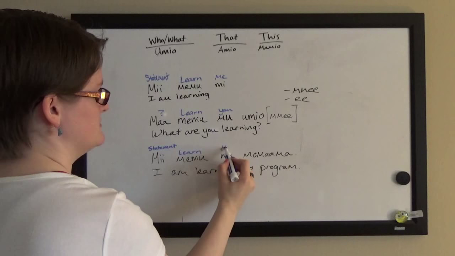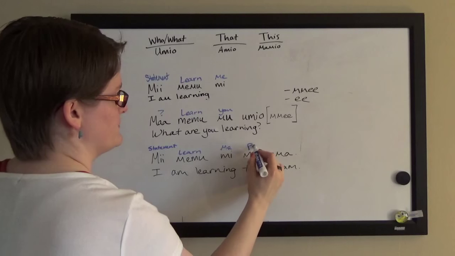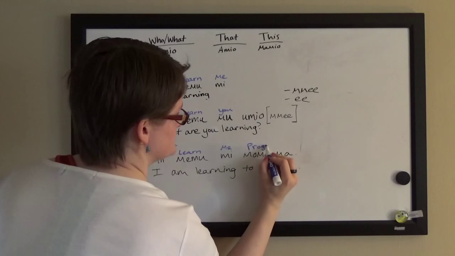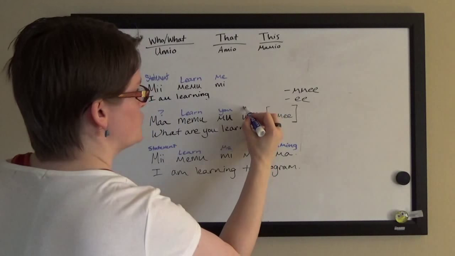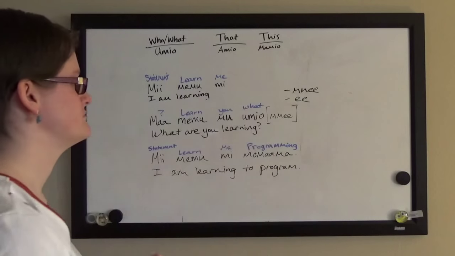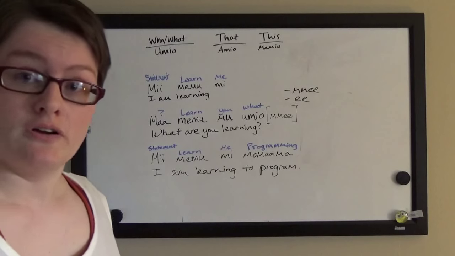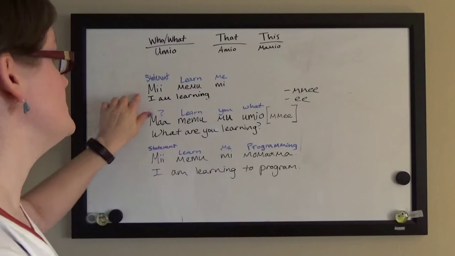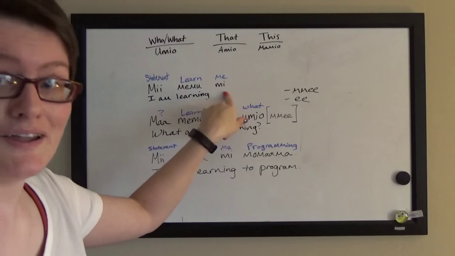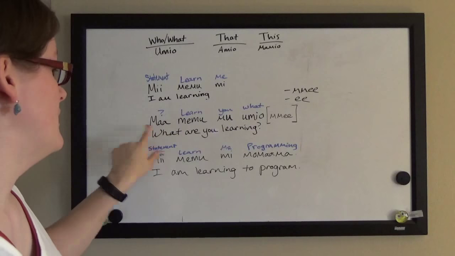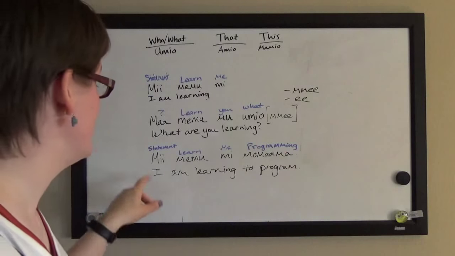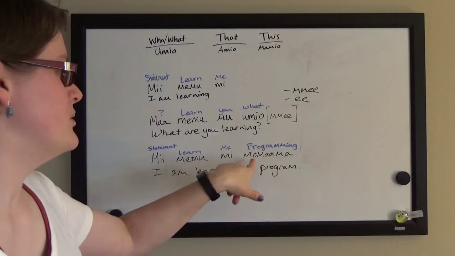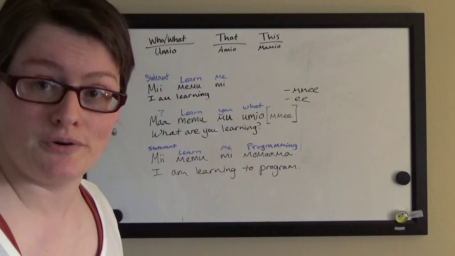This is me. And this is program, or programming. And what? So, me, memu, me. I am learning. Ma, memu, mu, umio. What are you learning? Me, memu, me, mo, mama. I am learning to program.